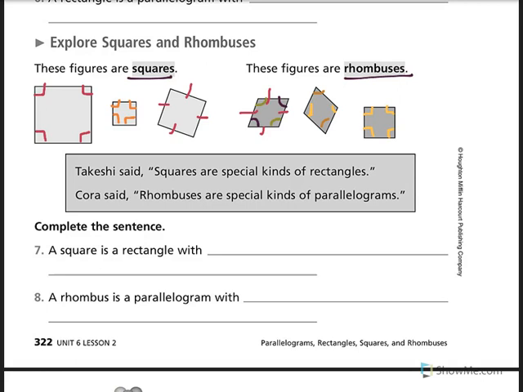So the definition of a rhombus is it's got four sides, so quadrilateral. It's also a parallelogram.